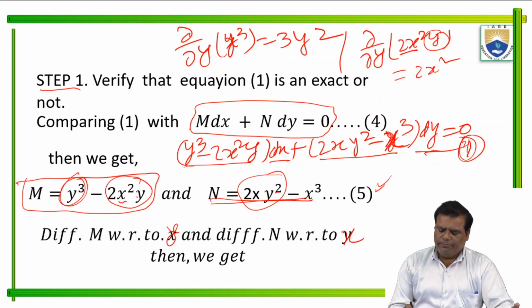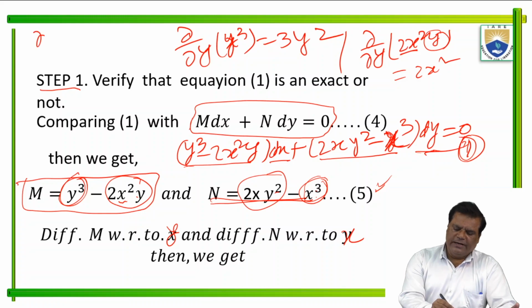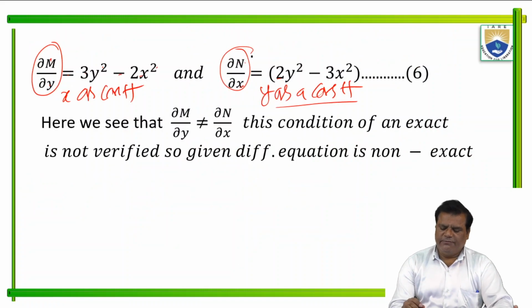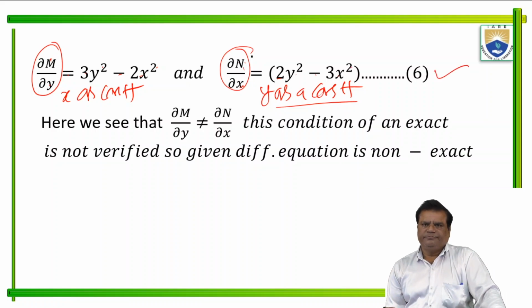The next term is x cube, and the differential of x cube is 3x square. So del n over del x is equal to 2y square minus 3x square. This is equation number 6.